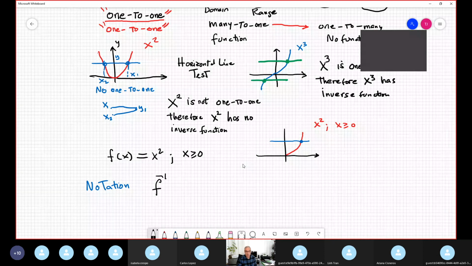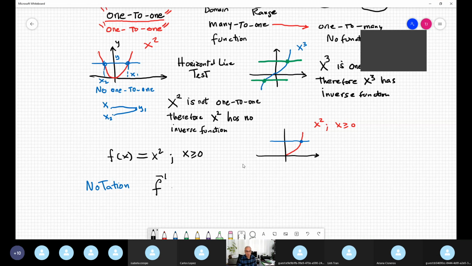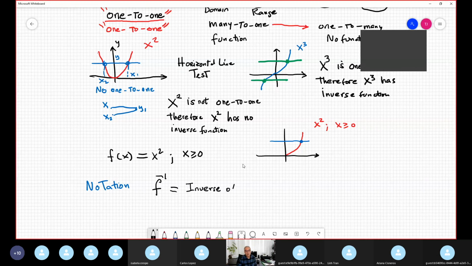When you see this f raised to the -1, it's not equal to, sorry, 1 over f. No, this is completely wrong. This is the inverse function. This is equivalent to saying inverse of f.